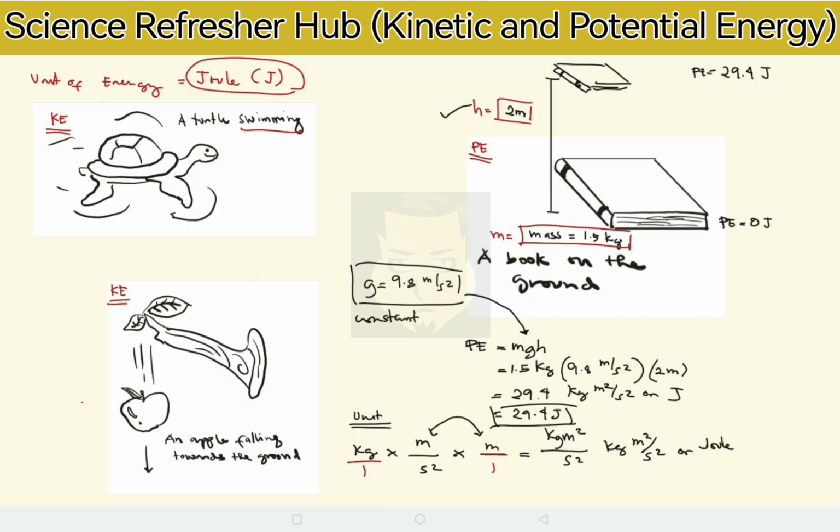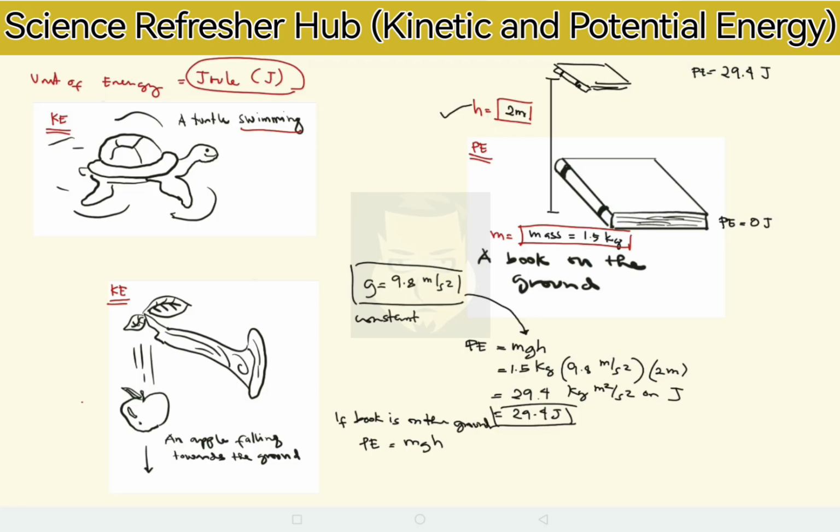So I will have to show why at the ground potential energy is 0. Let's say for example, potential energy if the book is on the ground, no height. So we have mgh. The mass is still the same, 1.5 kilogram.